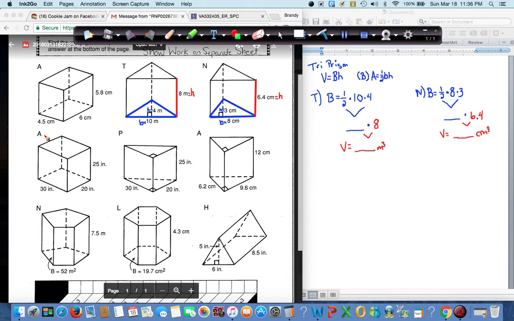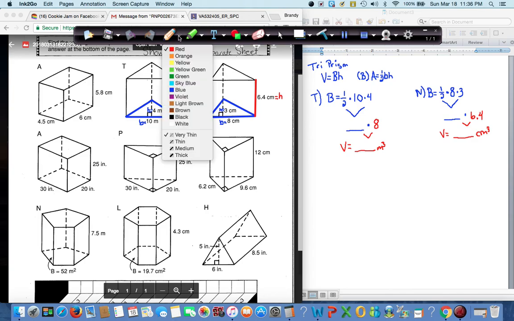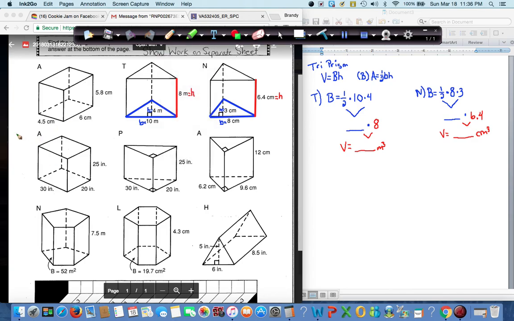All right, for another, letter A over here, and I'll just do it to the side. We'll make it green. So remember, volume of a rectangular prism is simply length times width times height. This one you can just multiply all three numbers because it's the whole rectangular prism. In a triangular prism you have to take half because it's a triangle.